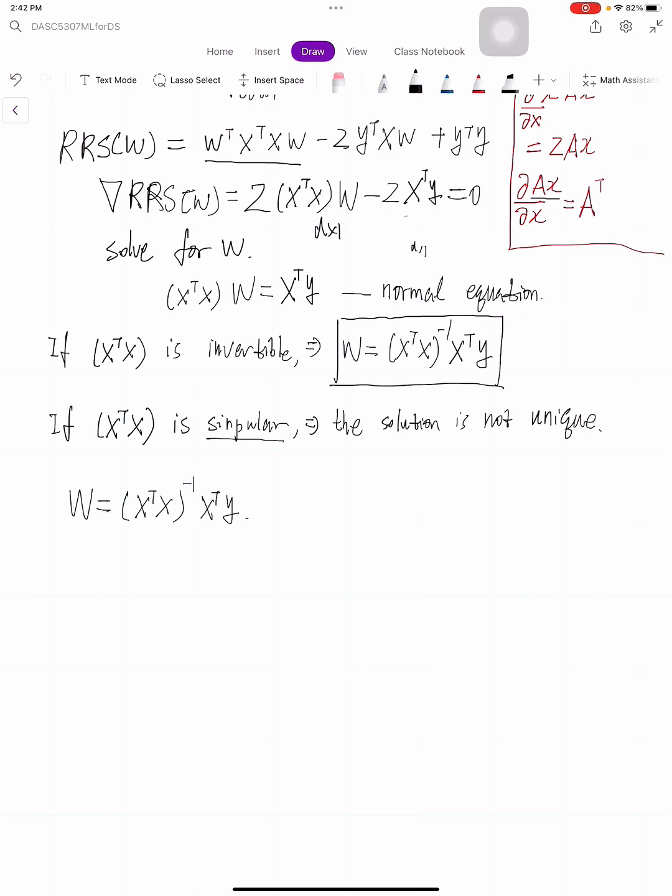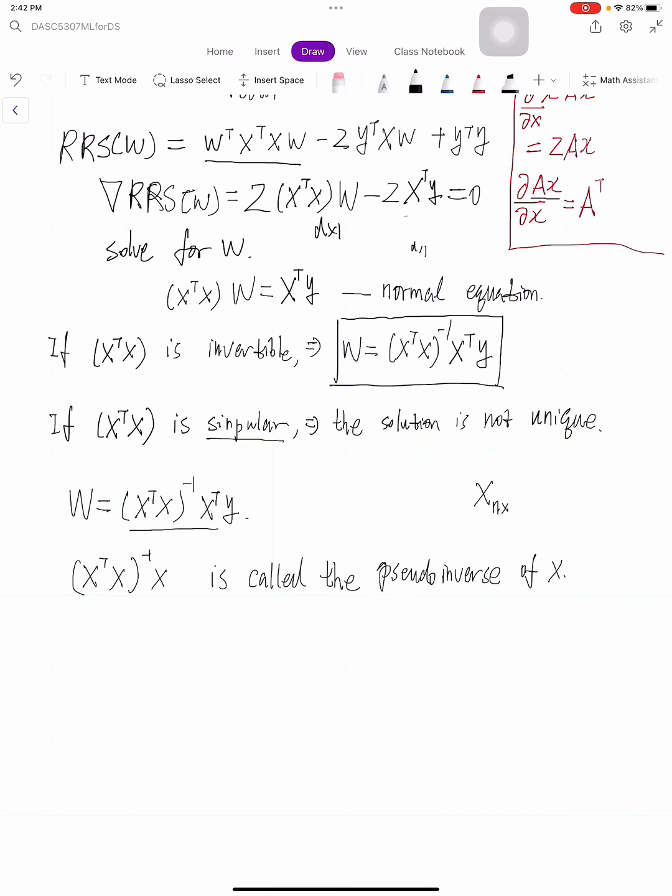There is one remark. Actually, everything in front of Y, X transpose X inverse X transpose, is also called the pseudo-inverse of X. Because X is not a square matrix, right?